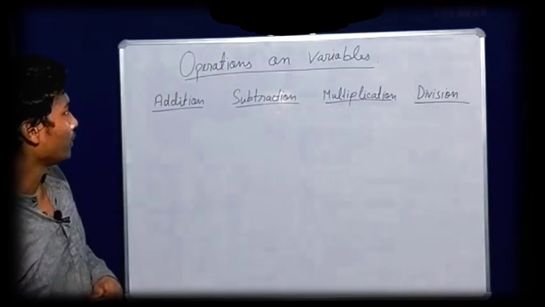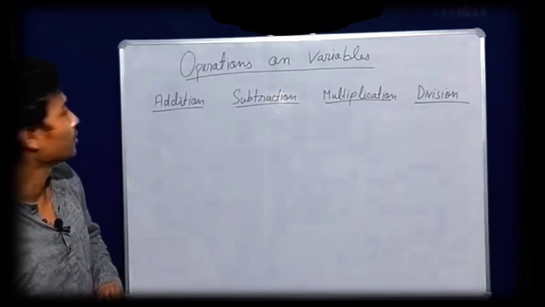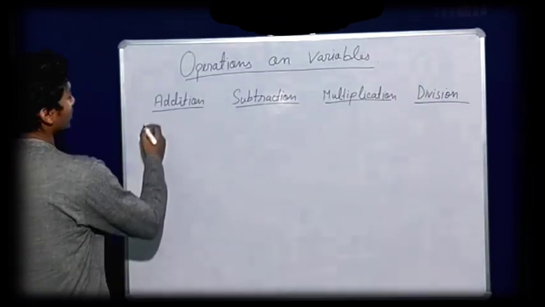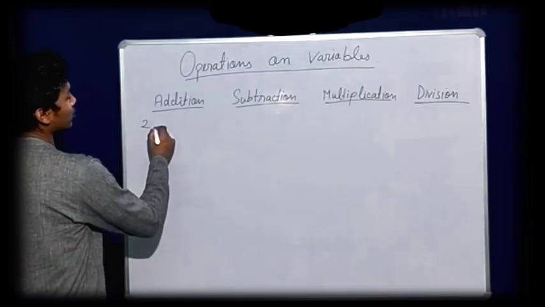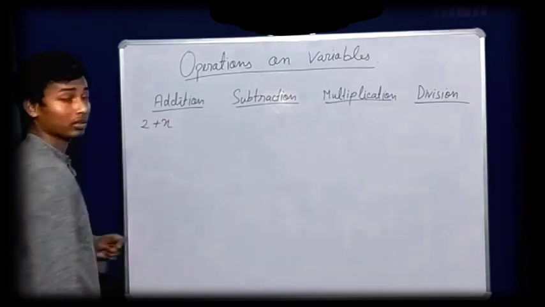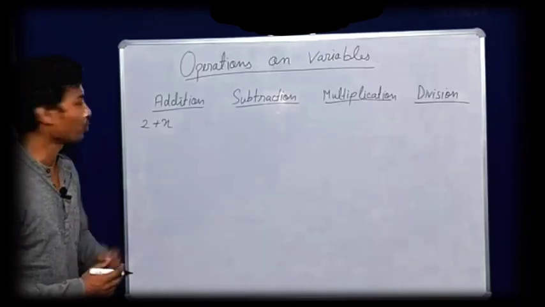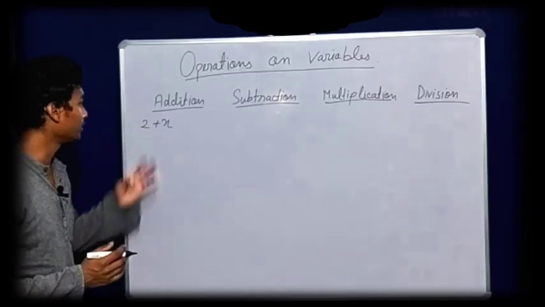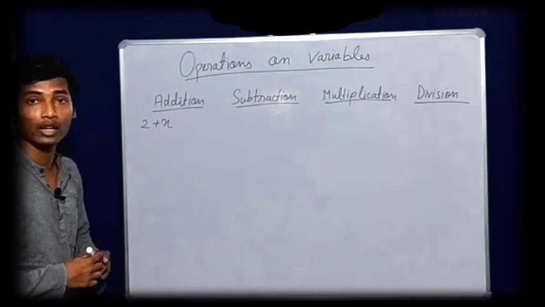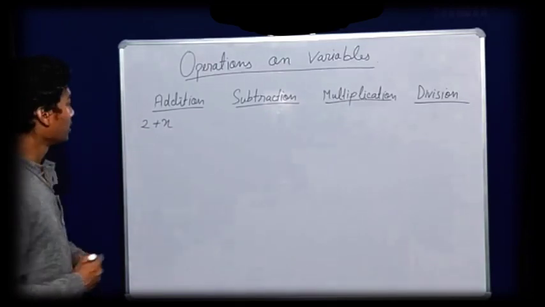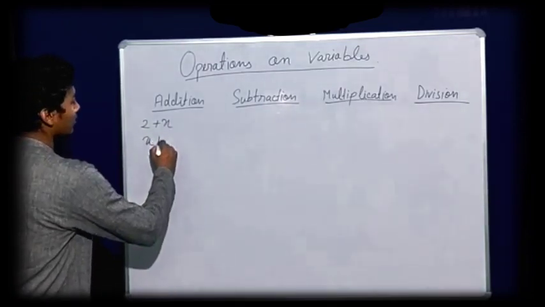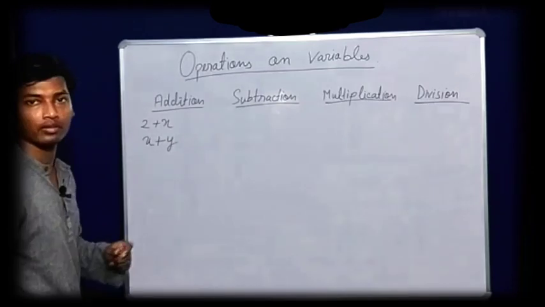So when we talk about addition of variables, we can say 2 plus x. Now this variable term is not known, so we can leave it like that until we know the value for this term. We can add x plus y.